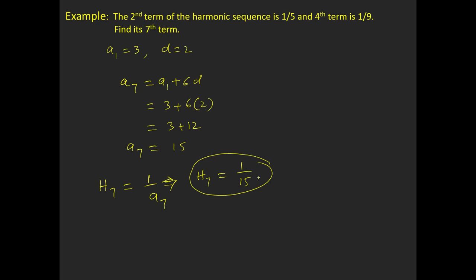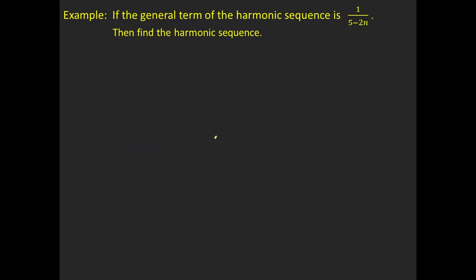Now go to the next example. If the general term of the harmonic sequence is given, which is this thing, and we are asked to generate the harmonic sequence from this general term. The general term of the harmonic sequence is given as 1 over 5 minus 2n.